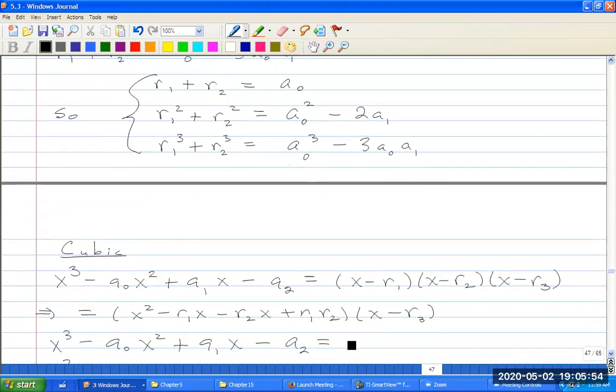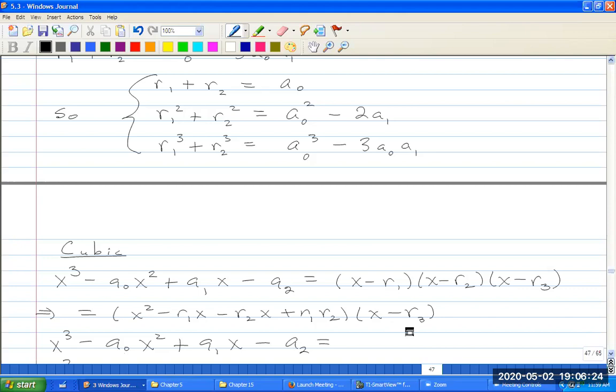You can do the same thing for cubics. Suppose I write my polynomial as x cubed minus a0 x squared plus a1 x minus a2. And suppose I want to factor it as x minus r1 times x minus r2 times x minus r3. Let's find a relation among r1, r2, and r3.